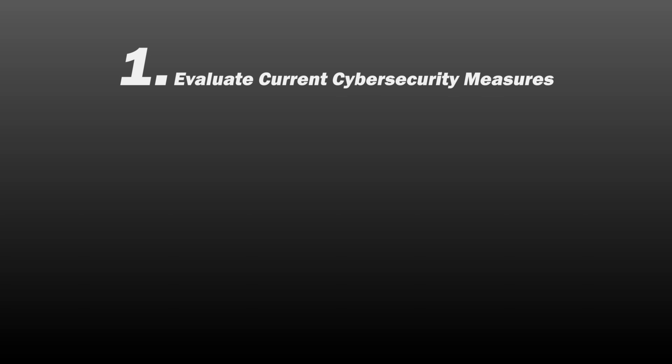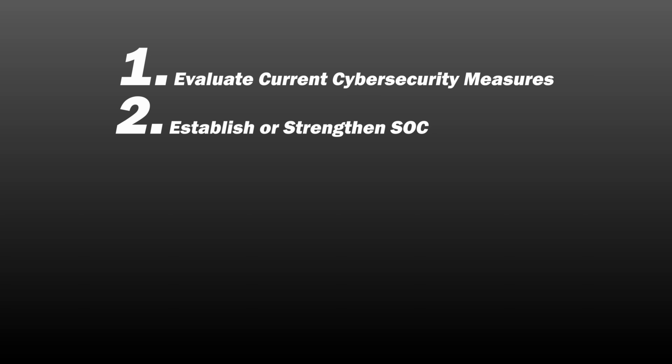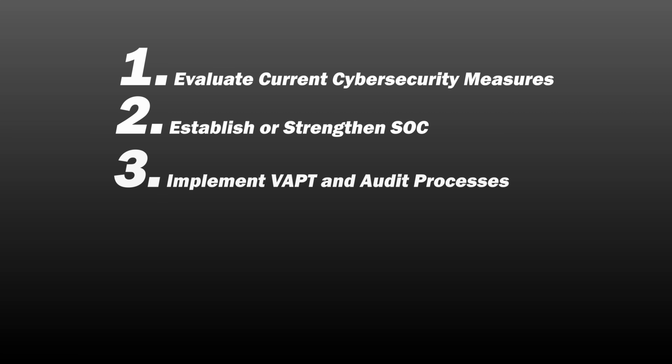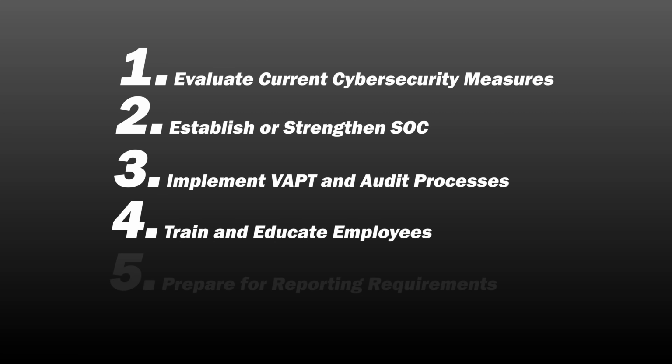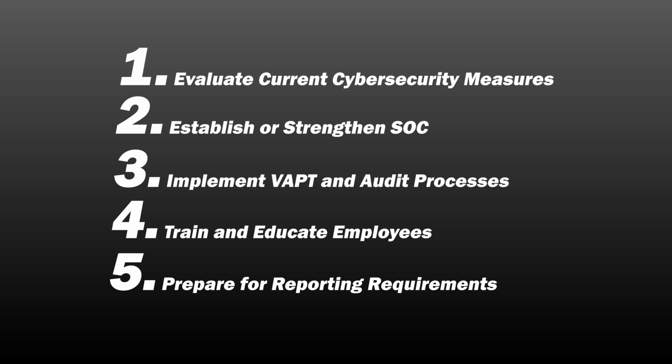Evaluate current cybersecurity measures, establish or strengthen the SOC, implement VAPT and audit process, train and educate employees, and prepare for reporting requirements. You need to do these 5 things very stringently. Once you do these 5 steps one by one, you will get at least 90% of the compliances.